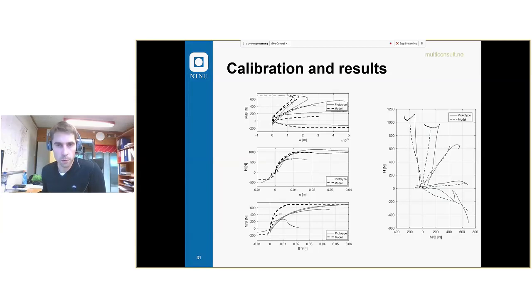On the figure to the right, you see the macro model result with these dotted lines compared to the laboratory test, the prototype test. And we find also a very good match on this test. The figures to the left are, first, the upper one, the moment with vertical displacement, then the horizontal load with horizontal displacement, and the moment load with rotation.